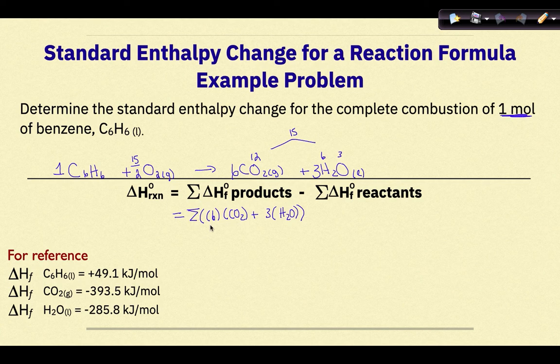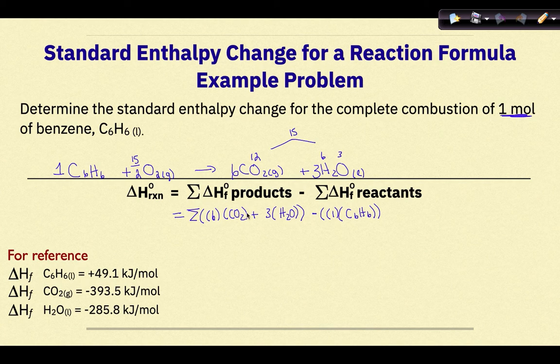So that's the sum of my products minus the sum of my reactants. Now, I'm going to disregard the oxygen because I know that's already going to be 0, and I have 1 mole of the benzene, C6H6.